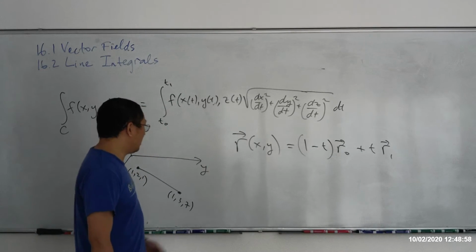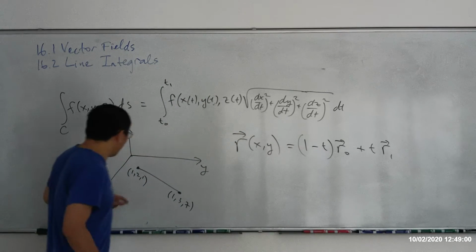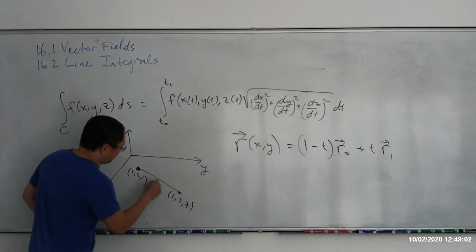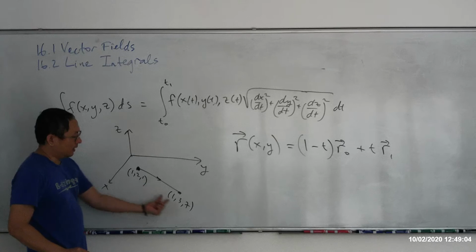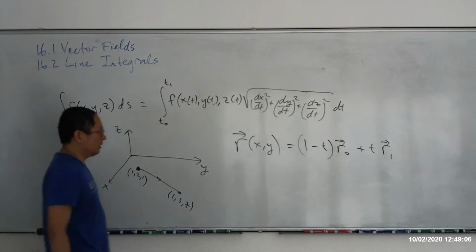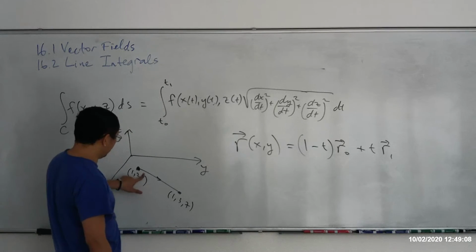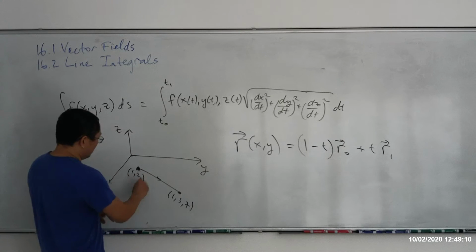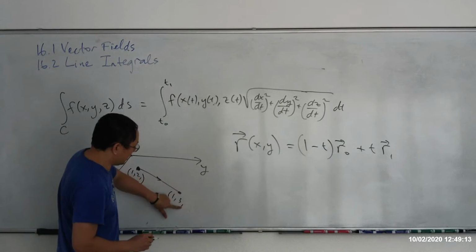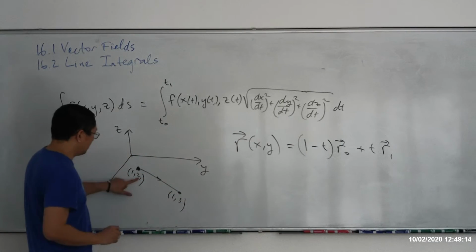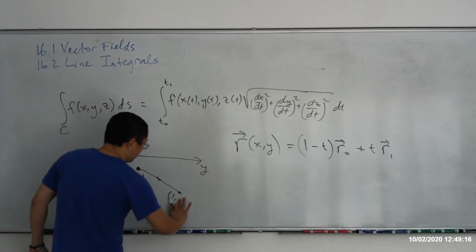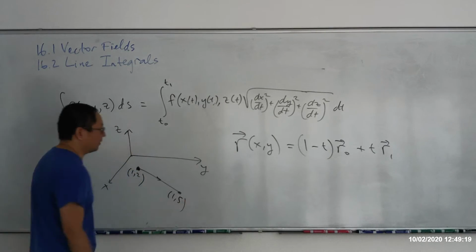Okay, so what is r naught? If you go from the first point to the second point, go this way, then r naught is this, and r1 is this. Oh, it's in 2D, so xy plane, so I should not have z in here. Take it back. Okay. (1, 2) to (1, 5), for example. And what?